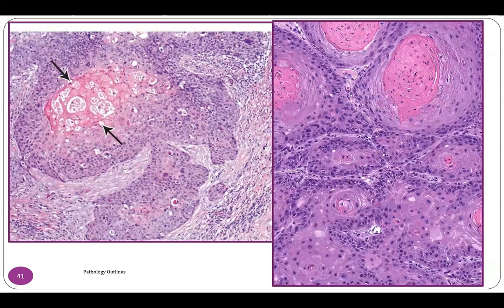Sometimes in adenocarcinoma, we say mucinous adenocarcinoma. It is a subtype of adenocarcinoma, where we see copious mucin production.